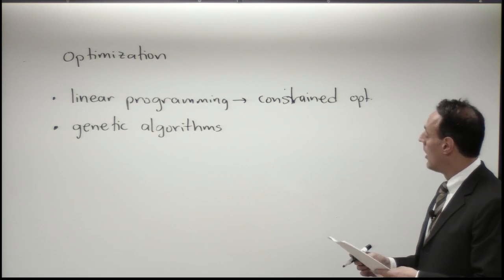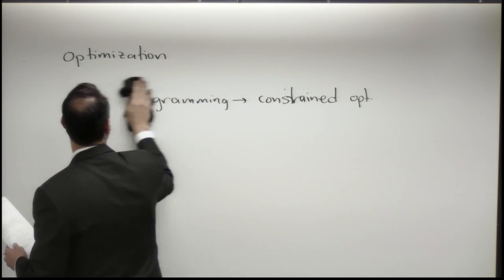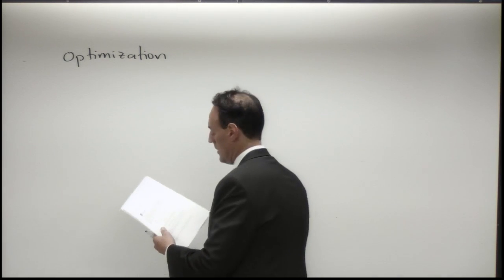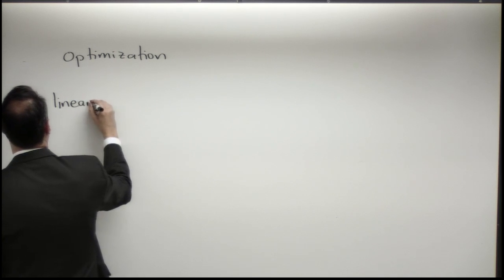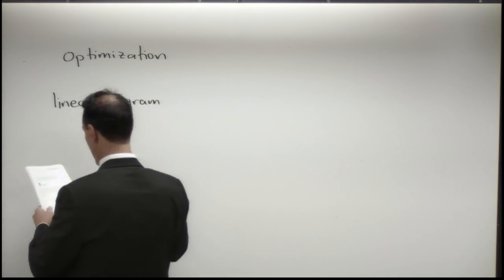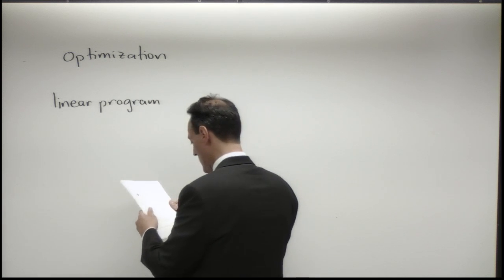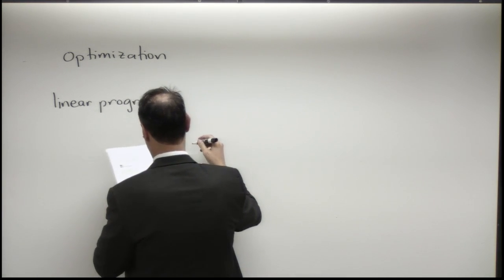let's talk about a linear program. A linear program is one that can be written in what's called the standard form, which is the following.